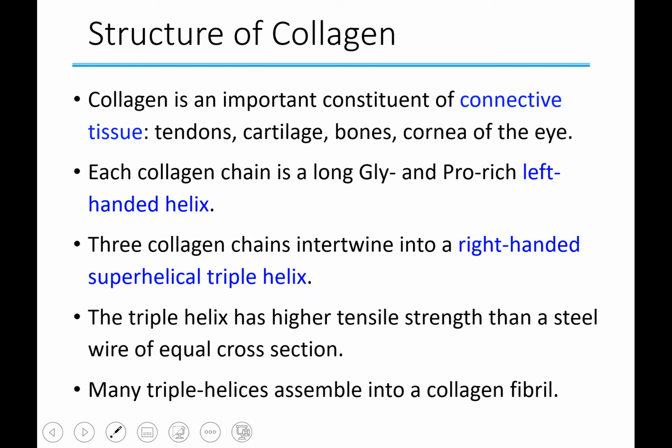So remember, the alpha helix is a right-handed helix. In collagen, each chain is a left-handed helix, and they're rich in glycine and proline amino acids. And remember, glycine and proline were amino acids that weren't really good for the formation of alpha helices.